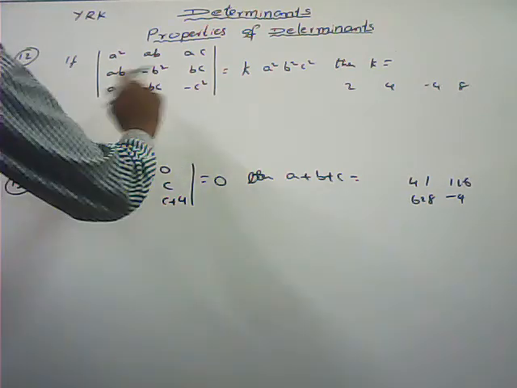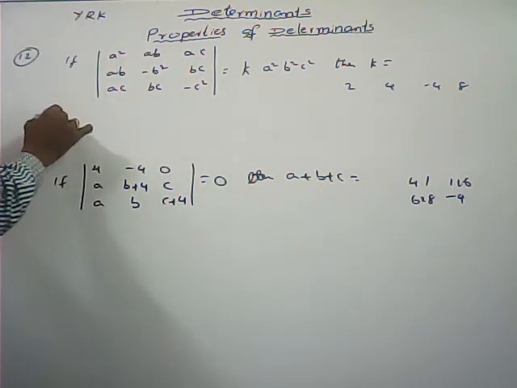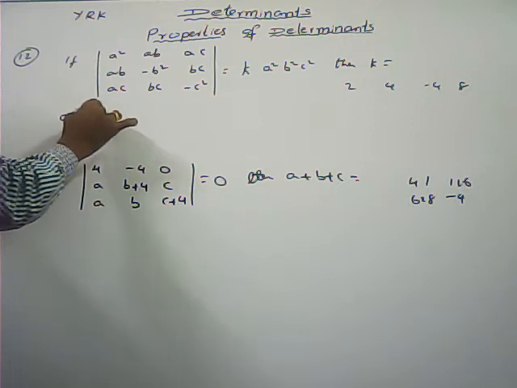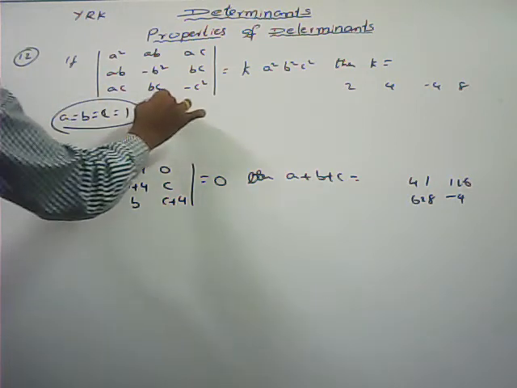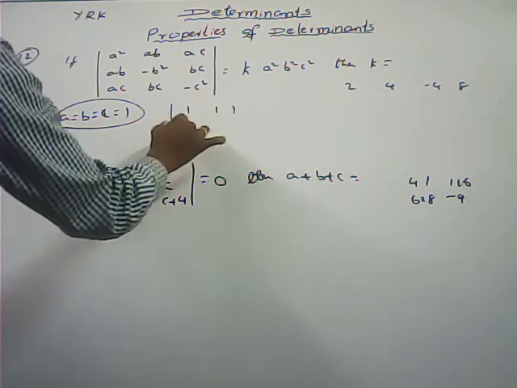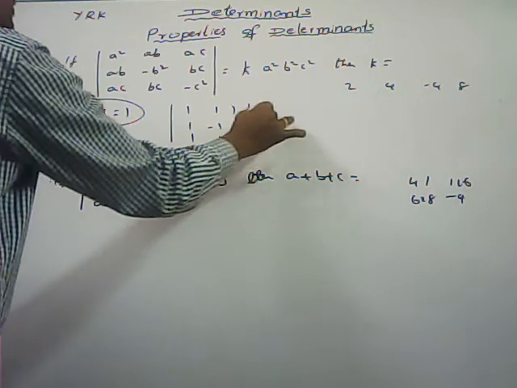Here we want the value of k only. I am taking A equals B equals C equals 1. All are equal to 1. Then 1, 1, 1; 1, minus 1, 1; 1, 1, minus 1, that is equal to k.